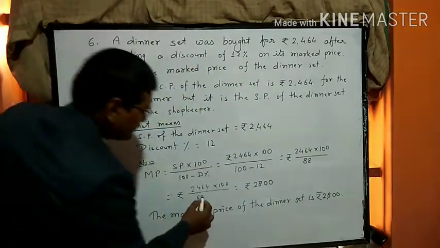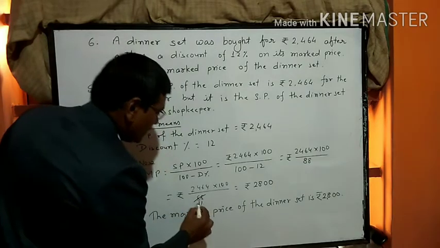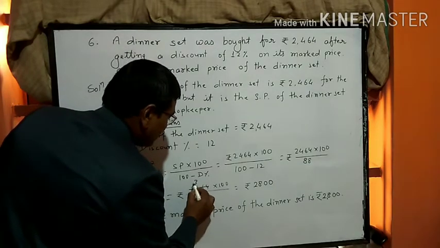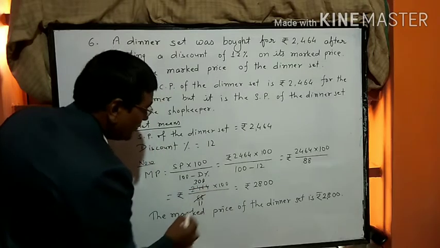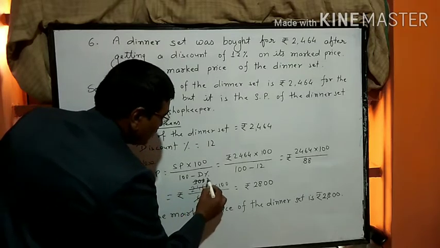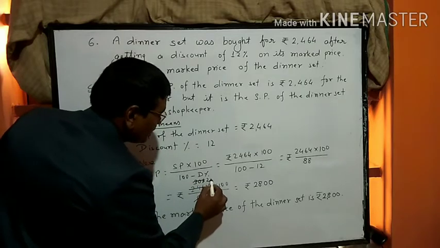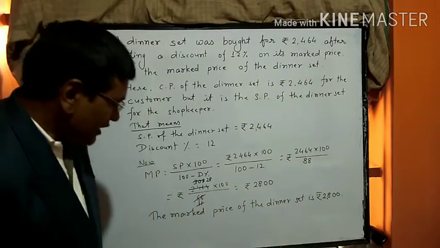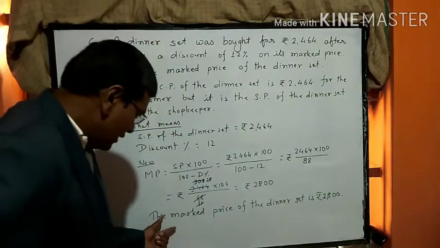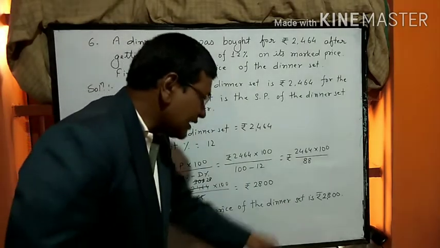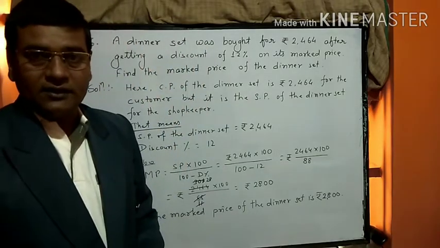Now cancel it. 8 1 ja 8, 8 3 ja 24, 8 0 ja 8, 8 8 ja 64, 11 2 ja 22, 11 8 ja 88. It is 2800.